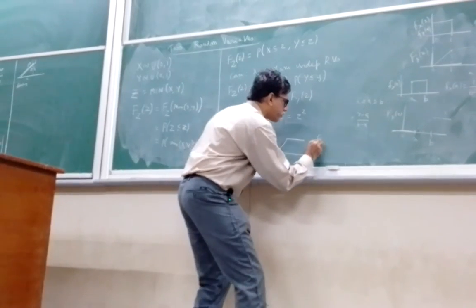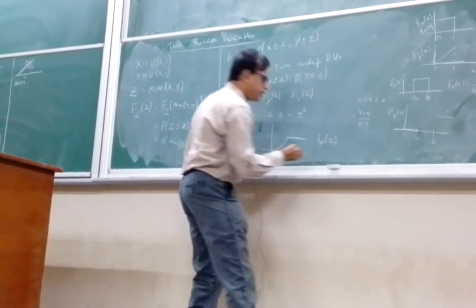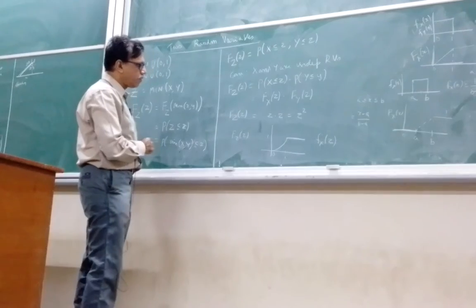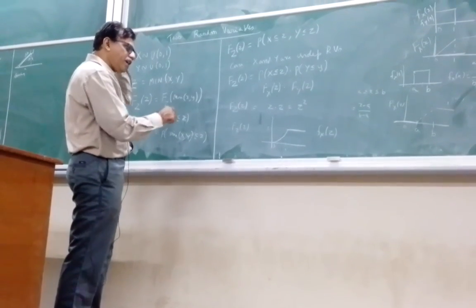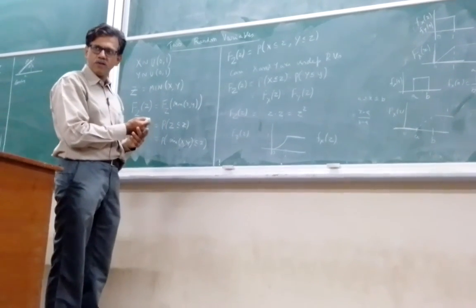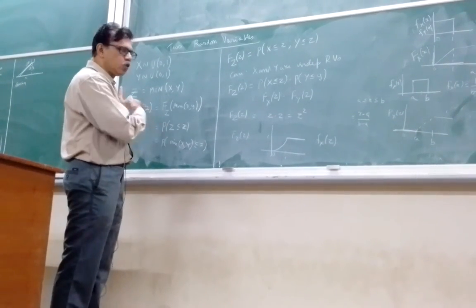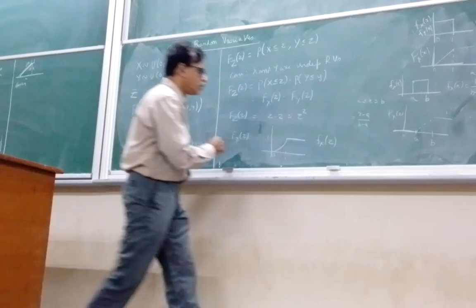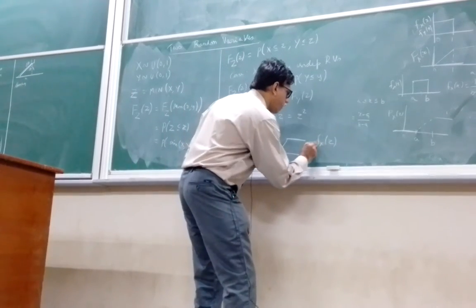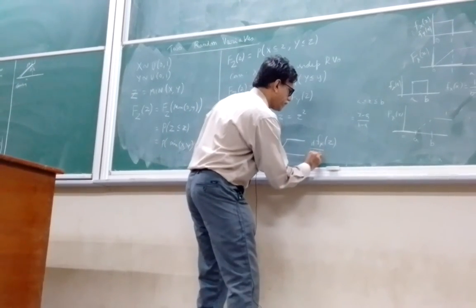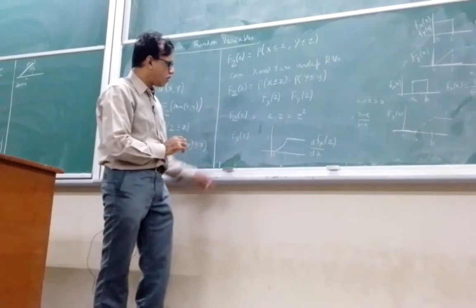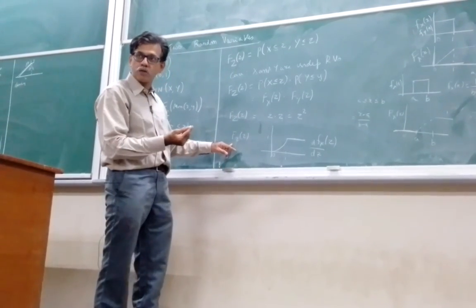And f_Z of z is what we need. But from the CDF we have to get the PDF. We will do that. We have to differentiate it with respect to z.